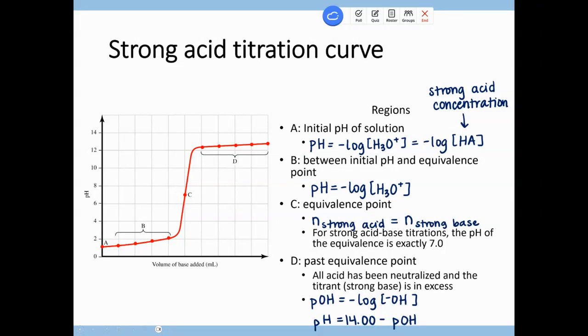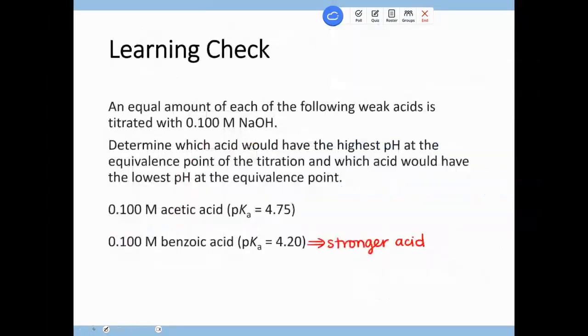And the weaker of the two will have a higher pH at equivalence point. So a stronger acid will have a lower pH at equivalence point.